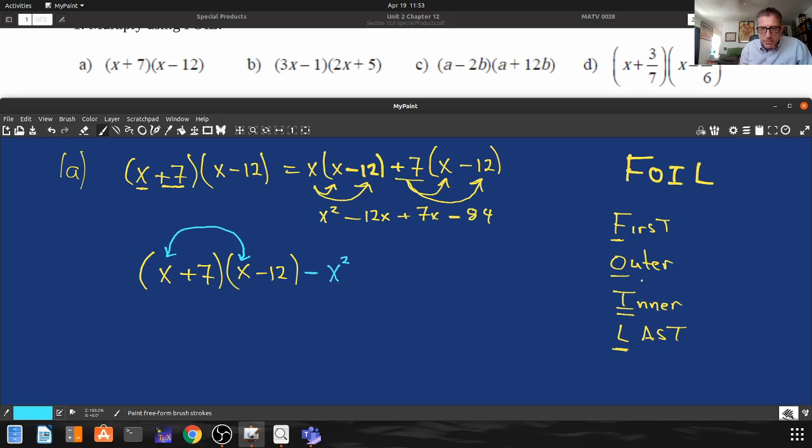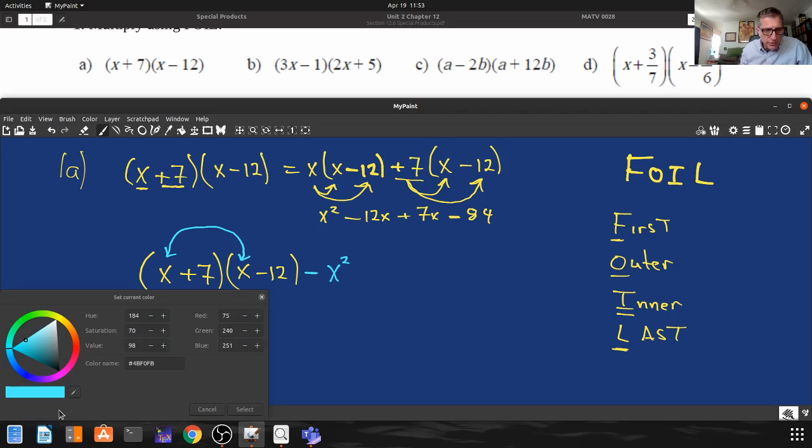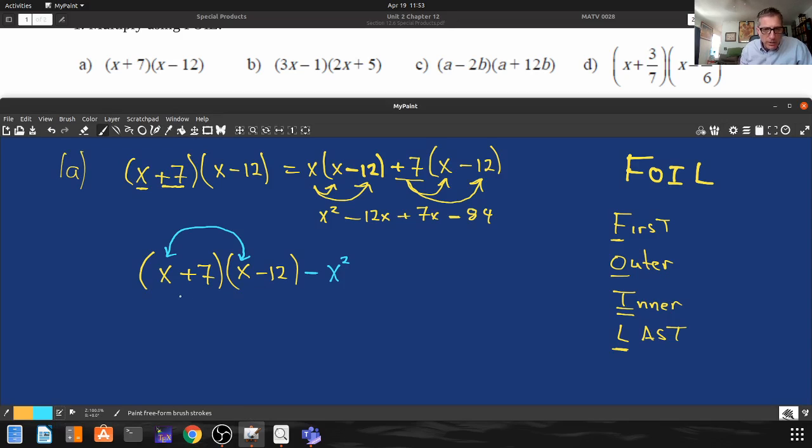Then it says multiply the outer terms. So the outer terms are going to be the x and the minus 12. So that's outer.